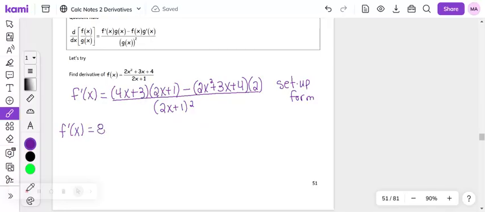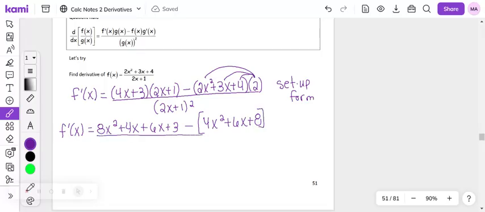So we should get 8x squared plus 4x plus 6x plus 3 minus, and I like to do this, we're going to distribute the 2 in here. So 4x squared plus 6x plus 8 all divided by the denominator squared. And again, we don't usually multiply that out, so we're just going to leave it like that.